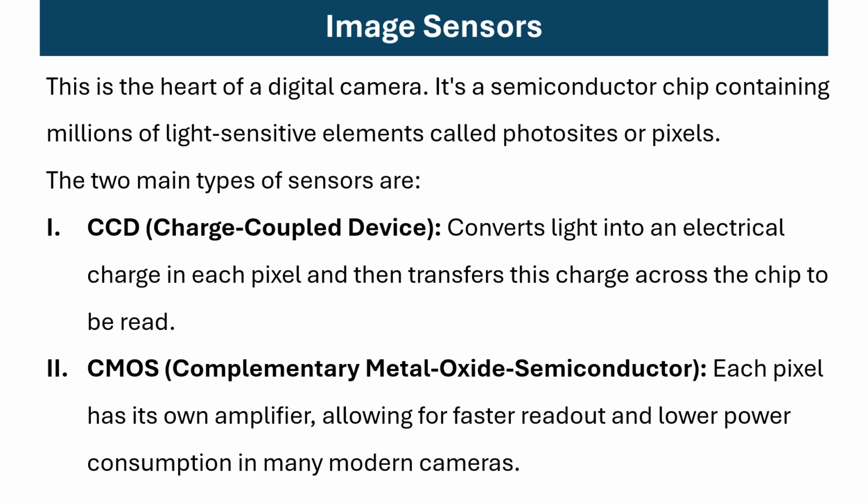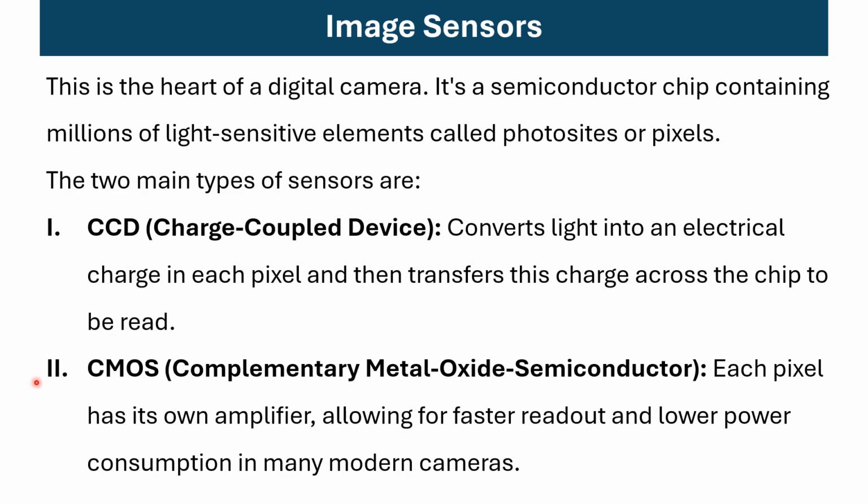We have the CMOS, the complementary metal oxide semiconductor. Now, the CCD converts light into electric charge in each pixel and then transfers this charge across the chip to be read. In the CMOS, each pixel has its own amplifier, allowing for faster readout and lower power consumption in many modern cameras.